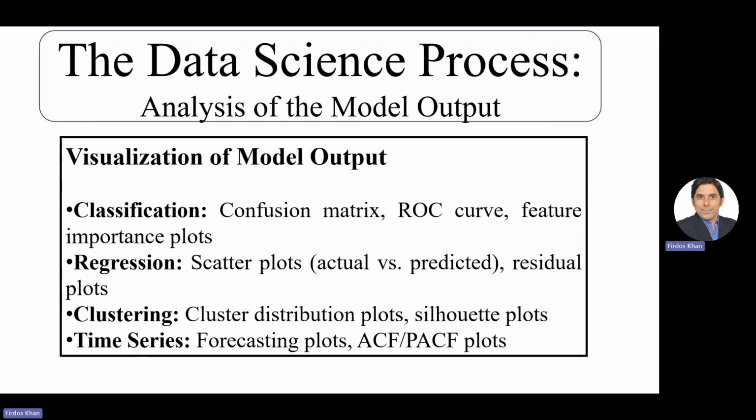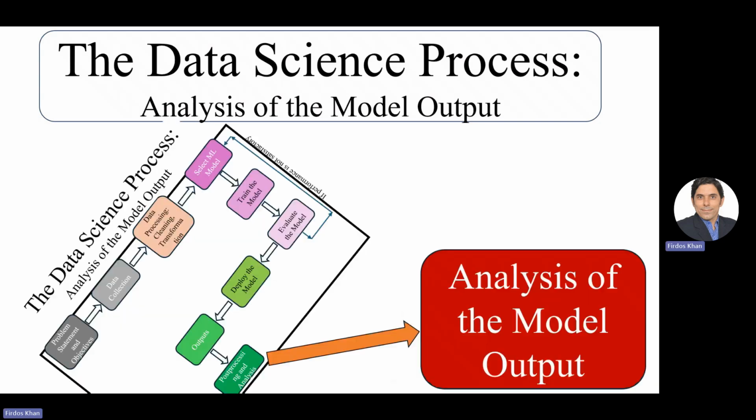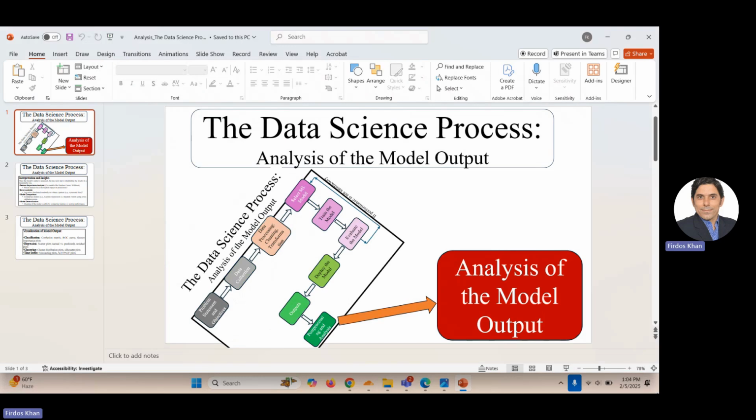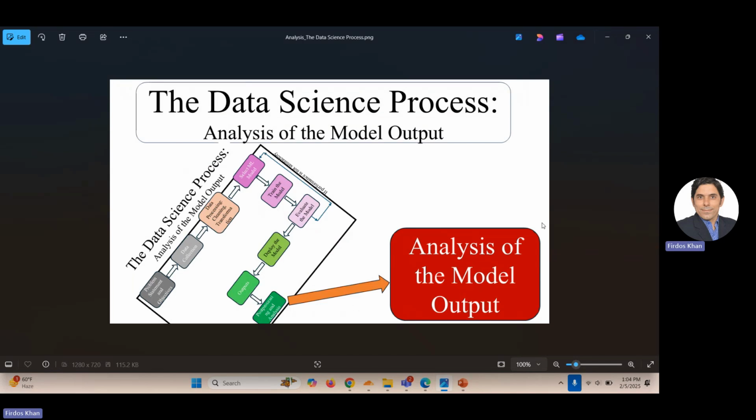Clustering, cluster distribution plot, silhouette plot. For time series forecasting, forecast plot, as we have talked about this already, and you can use the autocorrelation function and partial autocorrelation plot as well. So this is all about how we can analyze and interpret the output of the model which we normally use in the data science process.